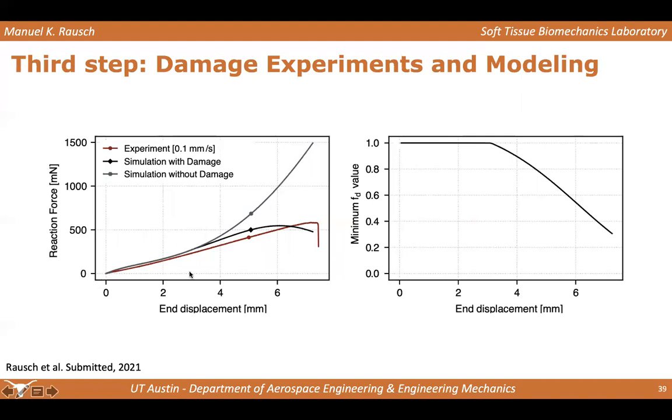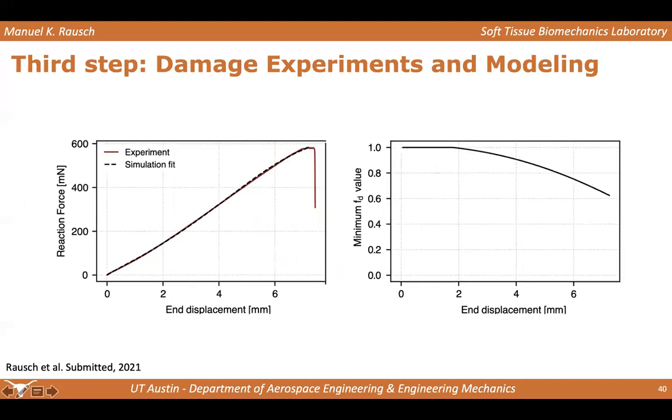And if we fit the damage to it, we see this black curve. Very important is, and we are struggling a little bit with the reviewers here that say this fit isn't that good, it's very important to know that we're not fitting all of our data to this curve, right? What we're doing is we keep the viscoelastic parameters from our previous experiment and only inform the damage here.